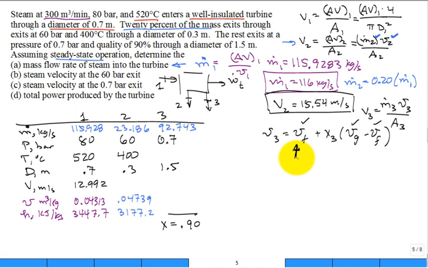What's V sub F? 0.001036. Exactly, meters cubed per kilogram, right? So when we calculate the specific volume at state 3, it comes in at 2.1286.